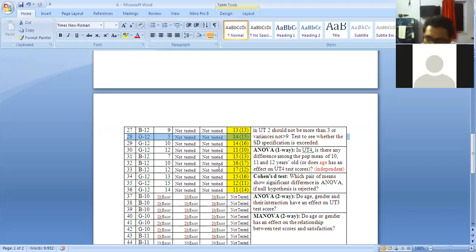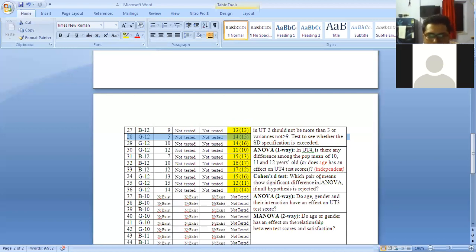So which particular pair, 10-11, 10-12, 11-12, three different combinations, will differ and which will not differ in your alternative hypothesis, that you can test by using the Cohen's d-test. This is a post hoc test, a post analysis of one-way ANOVA if your null hypothesis is rejected.